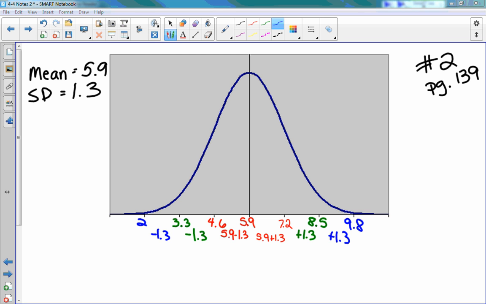Suppose we're talking about grades. Suppose we took a 10-point quiz. Technically, grades usually hopefully are on the higher end, but we'll talk about grades here. Suppose we all took a quiz and we calculated standard deviation.